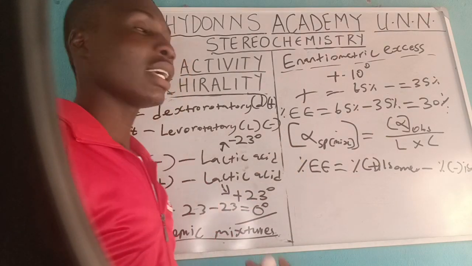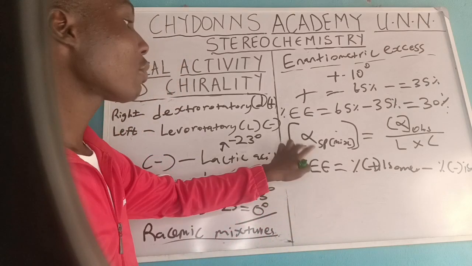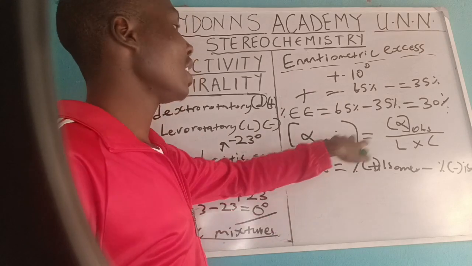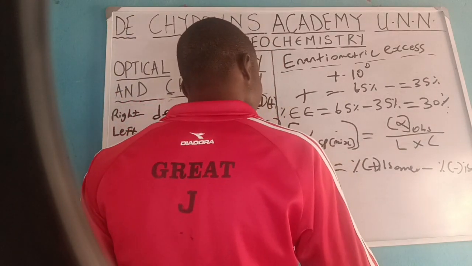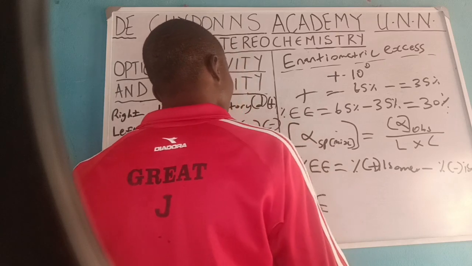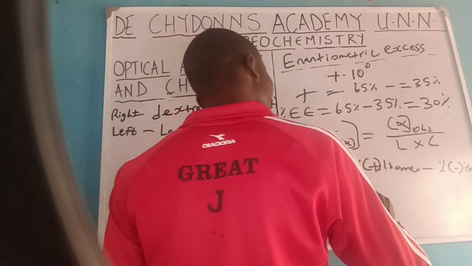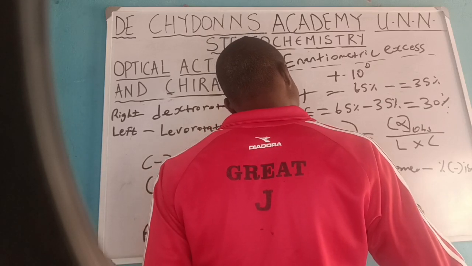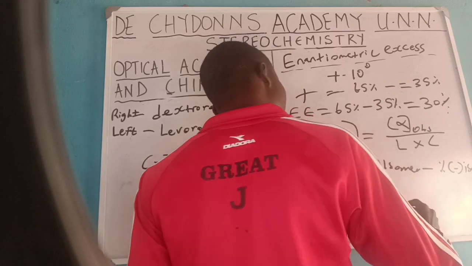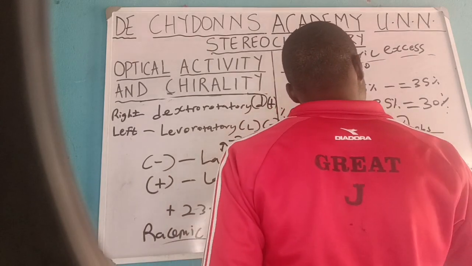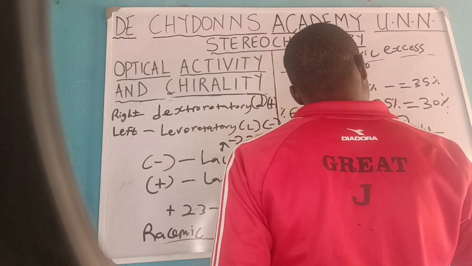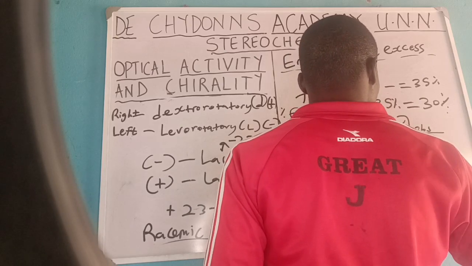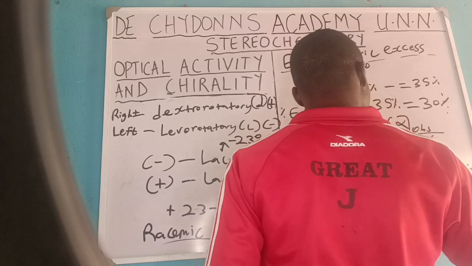Then another calculation we want to run here is how to calculate the percentage enantiomeric excess using these particular factors. So we have that the percentage enantiomeric excess is equal to the specific rotation of the mixture divided by the specific optical rotation of one of the pure enantiomers, times 100.